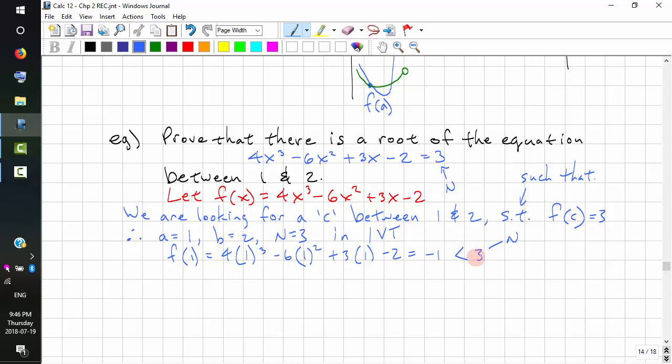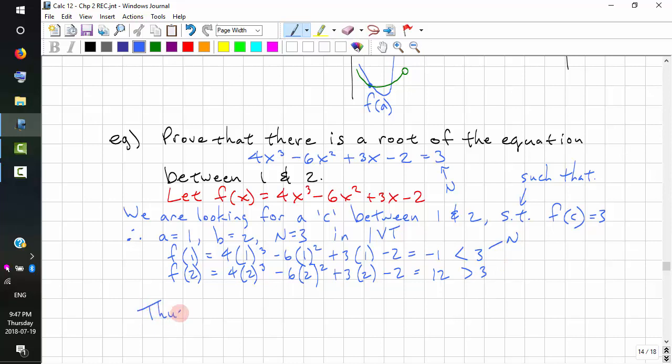That's our n. We have to put n in here. f of 2 equals 4 times 2 cubed minus 6 times 2 squared plus 3 times 2 minus 2. If you do some arithmetic there, you'll find that this is equal to 12. That is greater than 3.